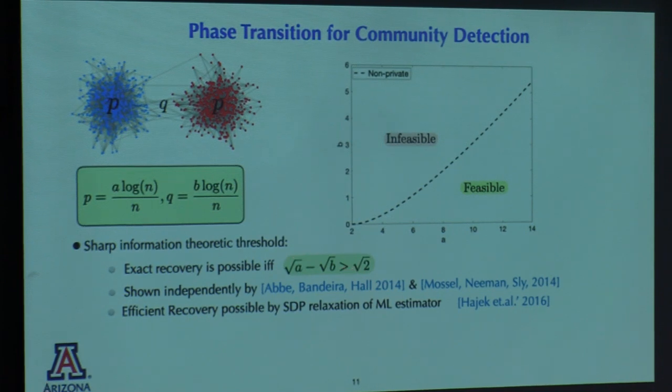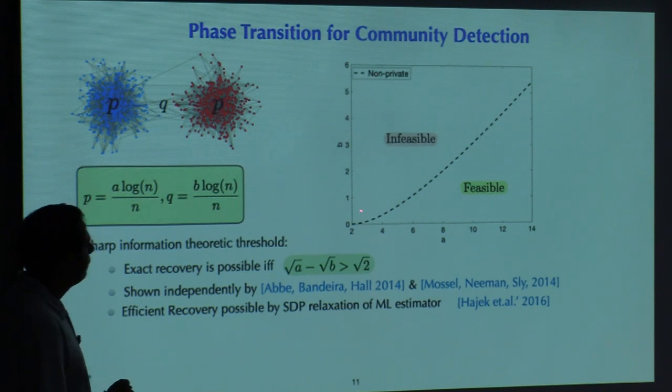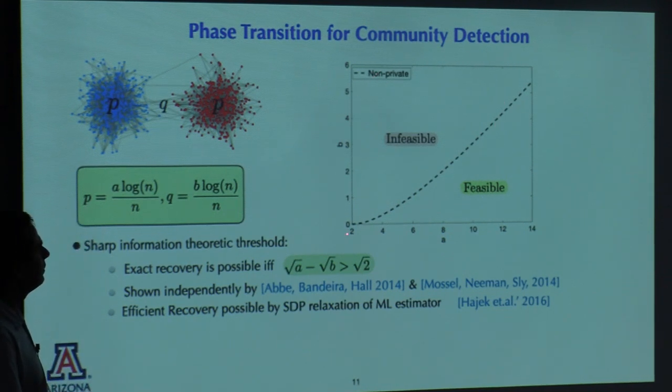Okay. So what I'm showing you here in this graph is this fundamental phase transition boundary. The x-axis is A. So remember, P is A log n by n. Y-axis is B, Q is B log n by n.